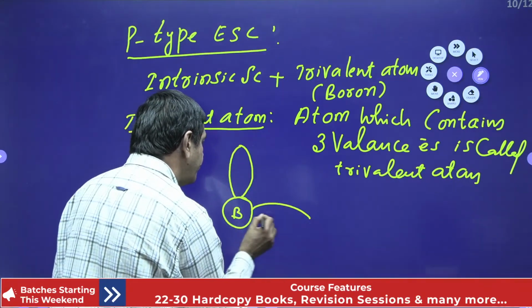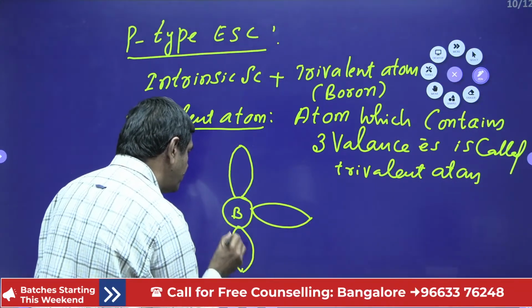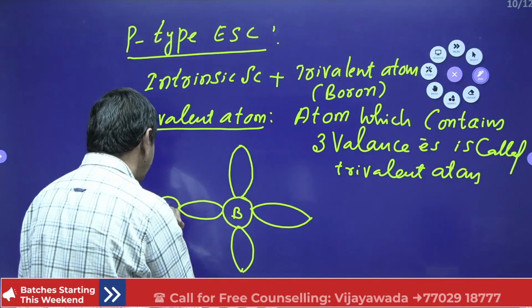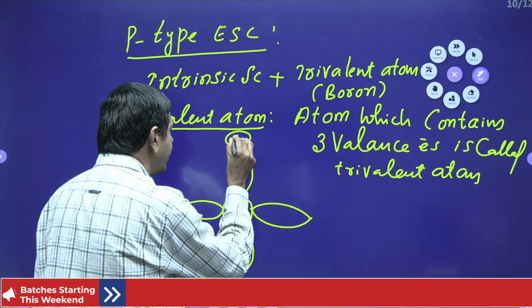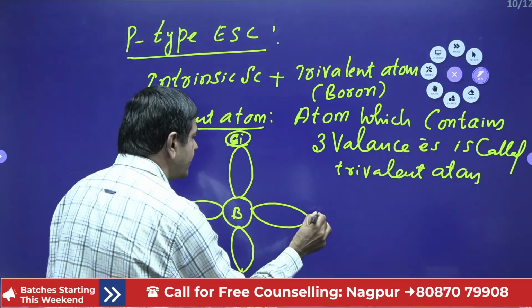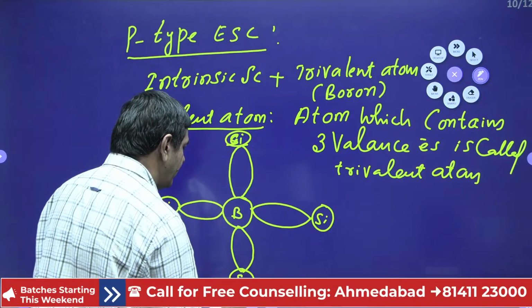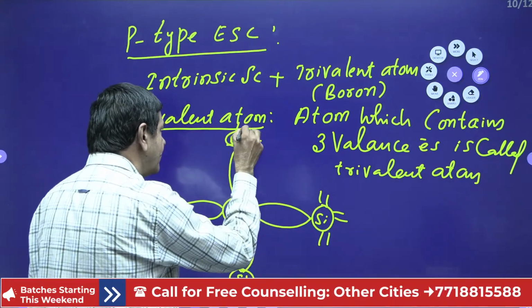I have taken pure silicon this side, germanium or silicon. The structure will be like this. This is silicon, this is also silicon here, and one more silicon here. The structure still goes this side and this side.